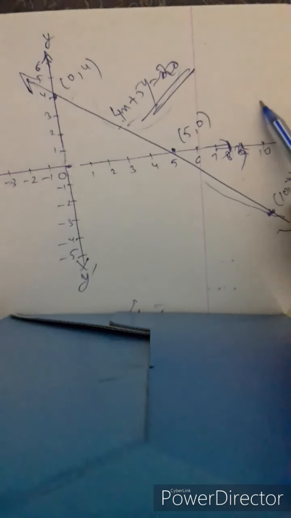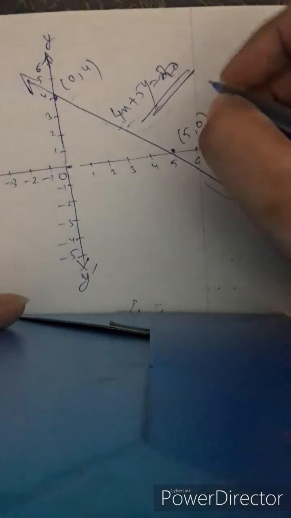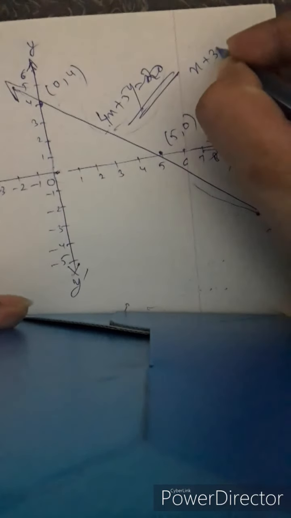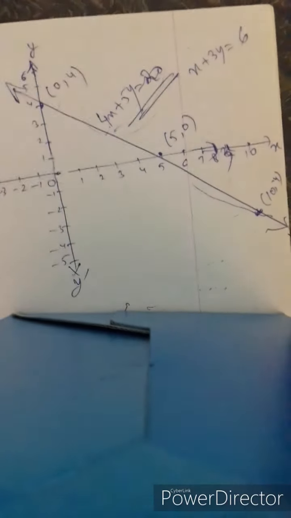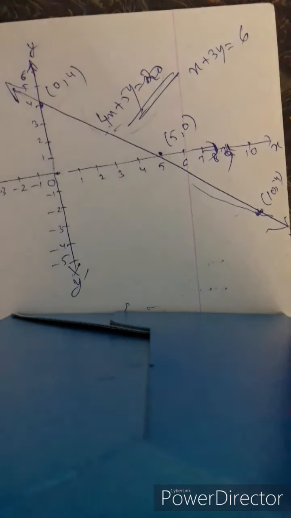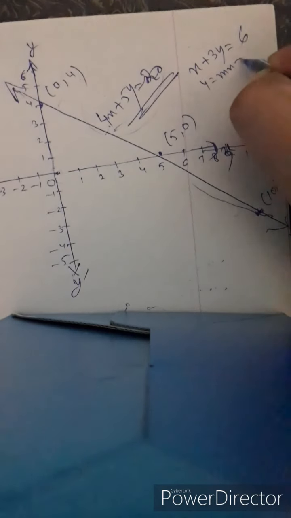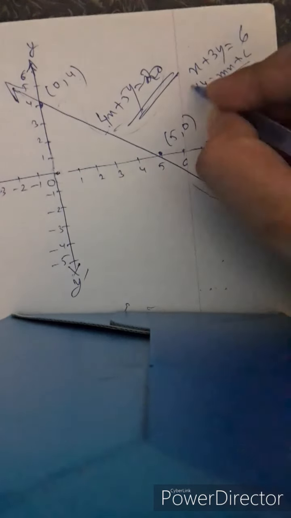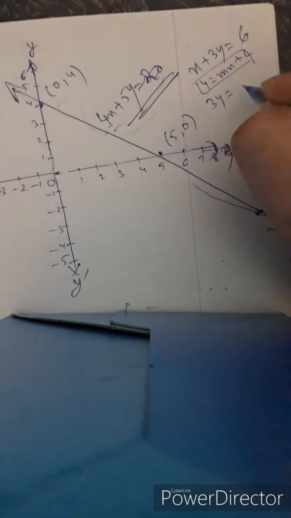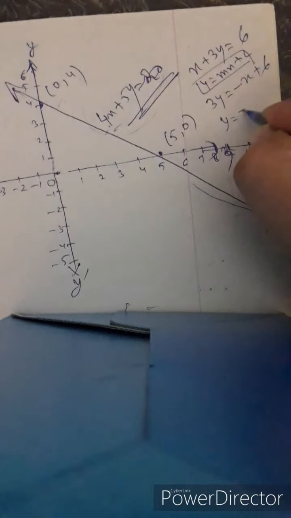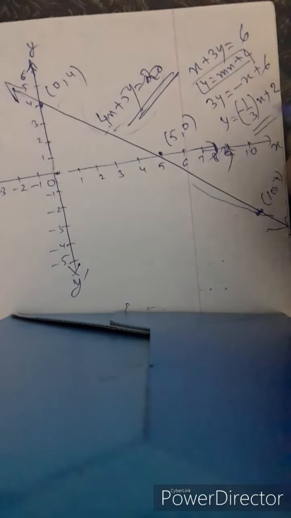Now we'll take another equation, x plus 3y equals 6. We have to put it in the format y equals mx plus c. So how do we do that? 3y equals minus x plus 6, so y equals minus 1 by 3 x plus 2.